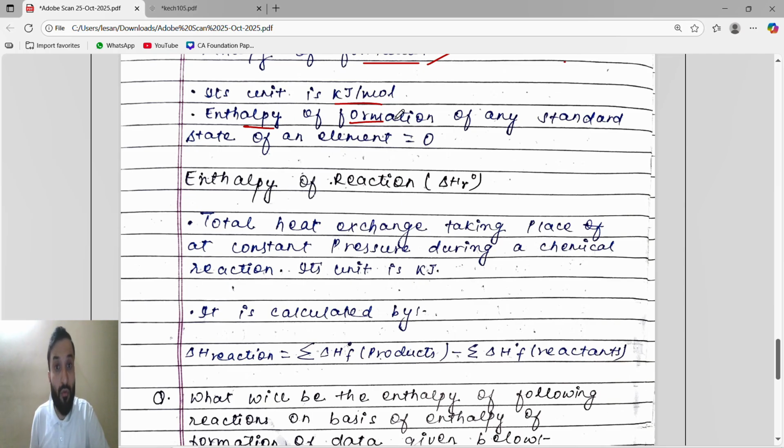So the enthalpy of formation of an element present in its standard state is 0. Okay, remember this, very important.